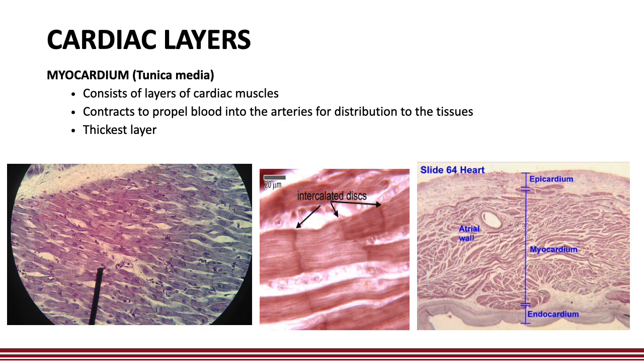The thickest layer of the heart is the myocardium, and this parallels the tunica media of blood vessels. It is composed of cardiac muscles, which, as we have talked about last time, is composed of branching striated muscles with the cells connected by intercalated discs that contain gap junctions that facilitate easy transmission of electrolytes necessary for the propagation of electrical impulses.